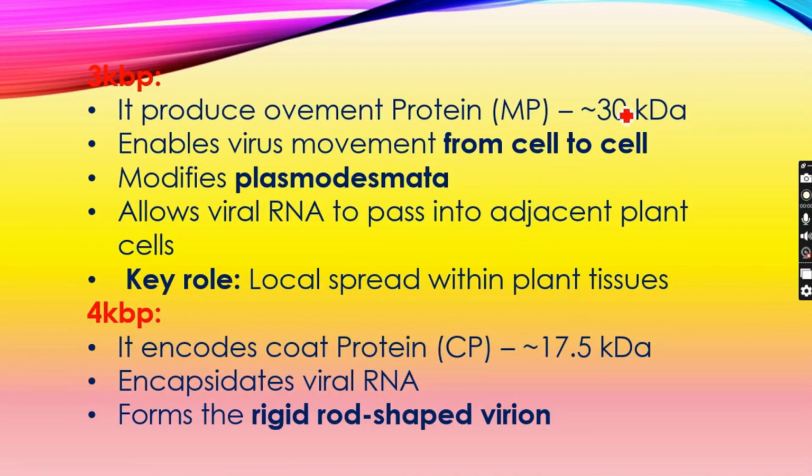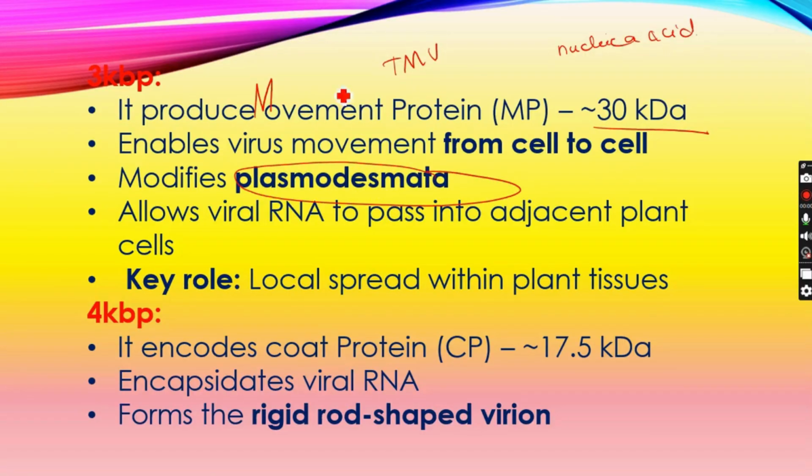Next, a protein of 13 kilodaltons is produced, which is a movement protein. Movement proteins are involved in the movement of nucleic acids in the matrix, so that the TMV virus can move from one plant cell to another through plasmodesmata by the movement proteins.